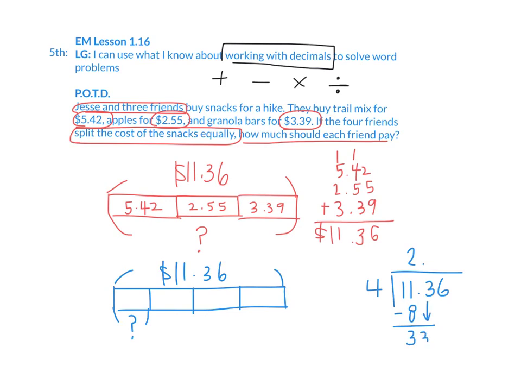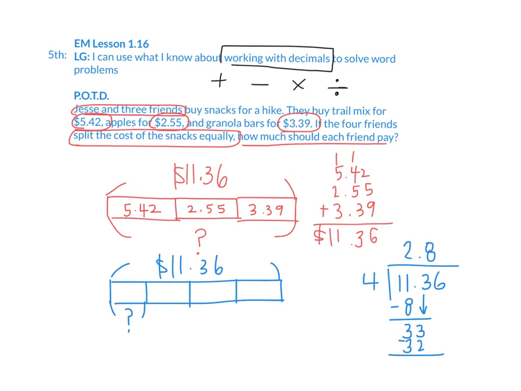I can regroup those 3 ones to become 30 tenths, and I add that to my original 3 tenths. So I have 33 tenths altogether. What's 33 divided by 4? How many tenths did we use up? 32. Good. How many are left? 1.